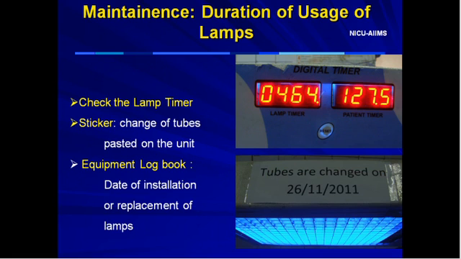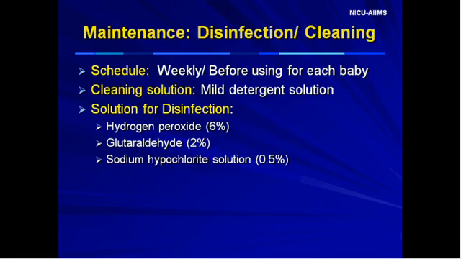The total duration of usage of the lamps can be ensured either from the inbuilt timer installed in the unit or using the sticker on the unit to measure the date of replacement of the lamps. An equipment logbook can also be maintained in the unit for the above said purpose. The phototherapy unit should be cleaned at least weekly and before use for each baby.